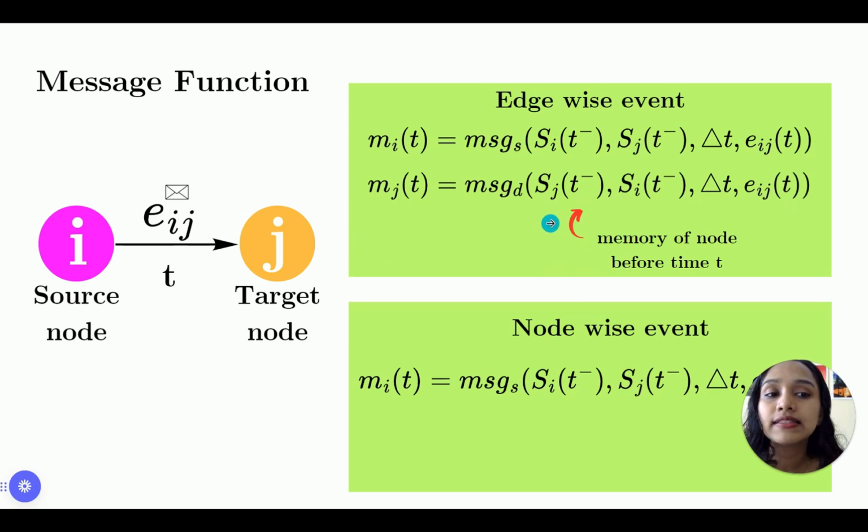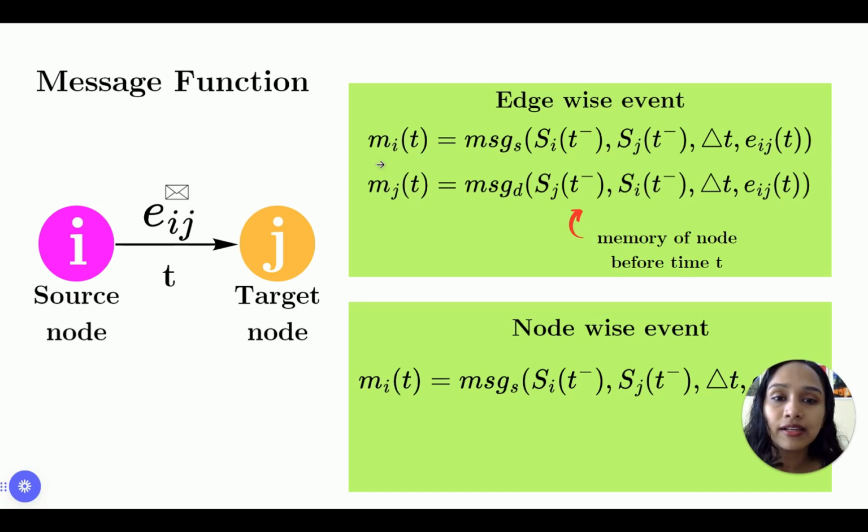Sj of t minus and Si of t minus are the memories of the nodes j and I at the time instance before the current time t. Eij of t is the edge that is formed at time t, and Mi of t and Mj of t are the messages of nodes I and j at this time instance t.